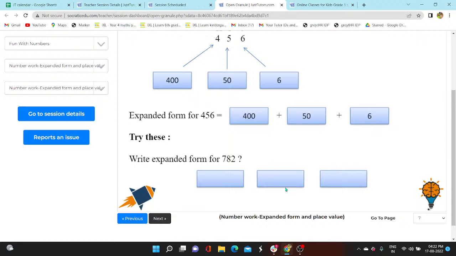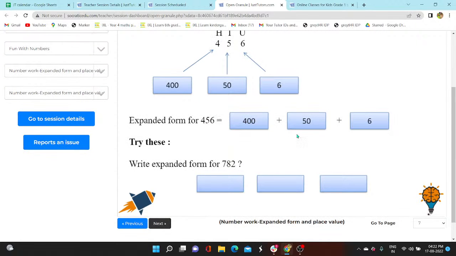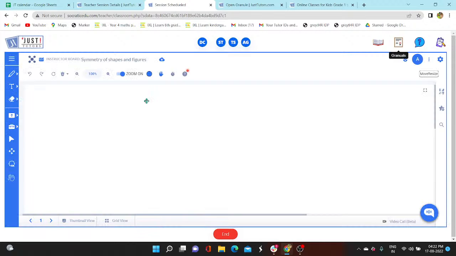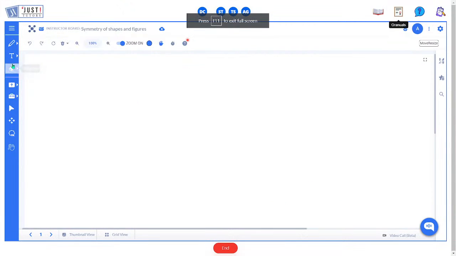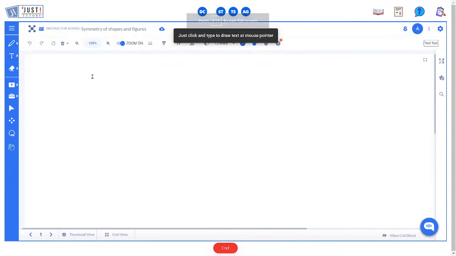Now let's move on and try a question over here. We have to try writing the expanded form of 782. So if I try writing the expanded form of 782, how would I write that?